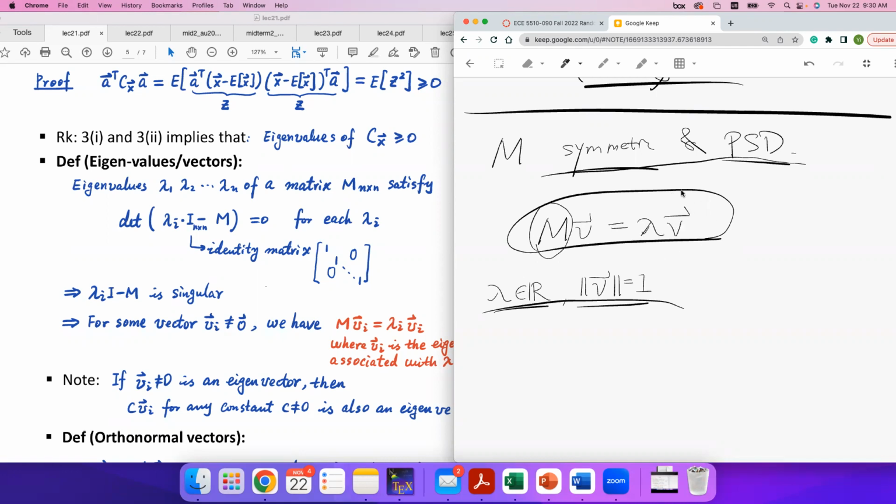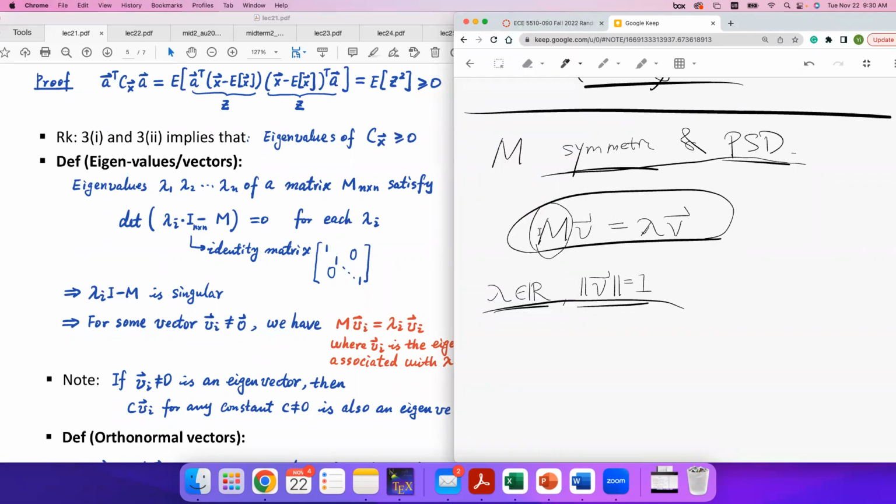The resulting vector is still aligned with this vector v. So this means that v is a very fundamental basis vector for such a linear transformation.